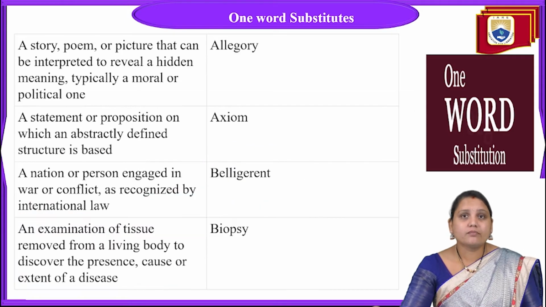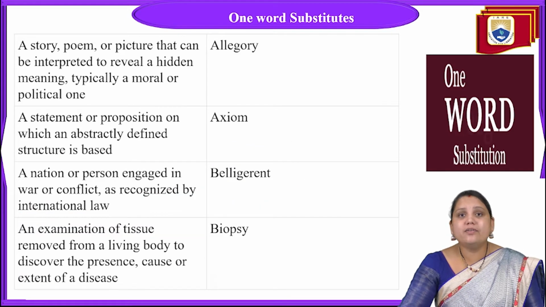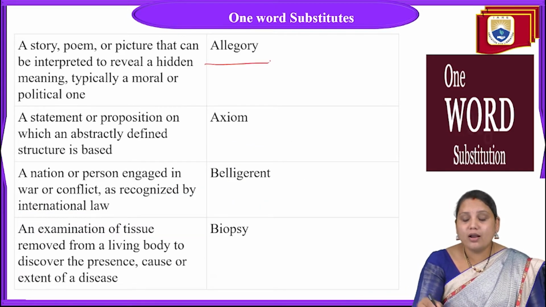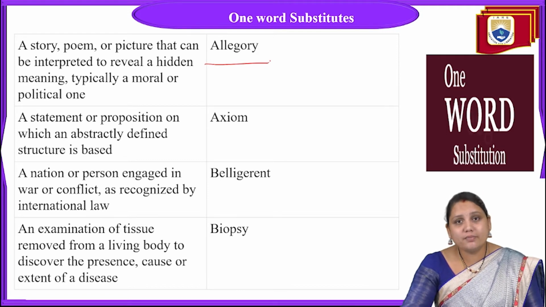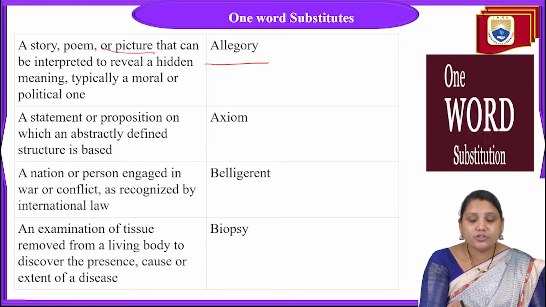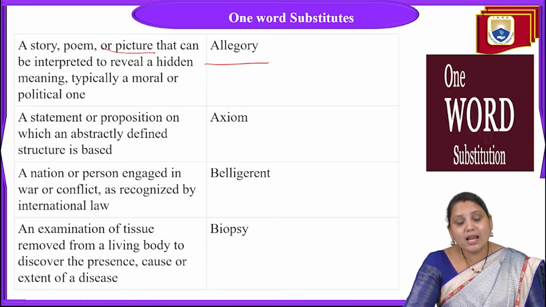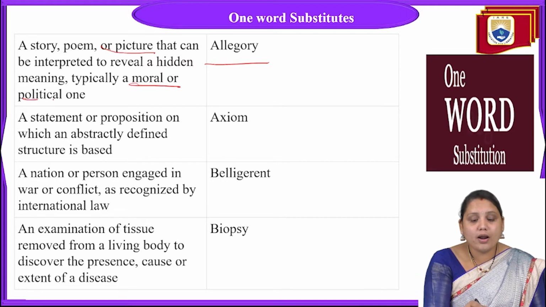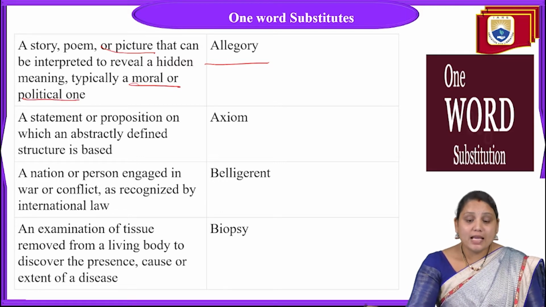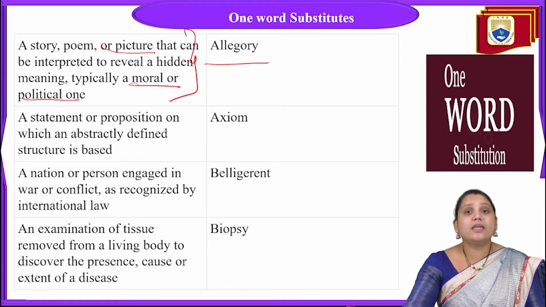Now, here, one more. Allegory. We have a word called allegory. What is the meaning of it? A story, poem, or picture that can be interpreted to reveal a hidden meaning, typically a moral or political one. See the sentence and the meaning.